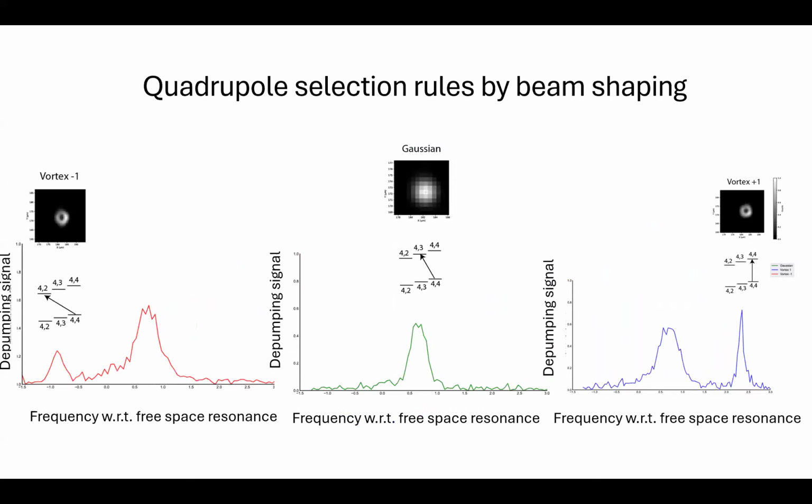One thing I'm curious about is that if you just have a Gaussian beam, it seems like there's no way you can drive other transitions.